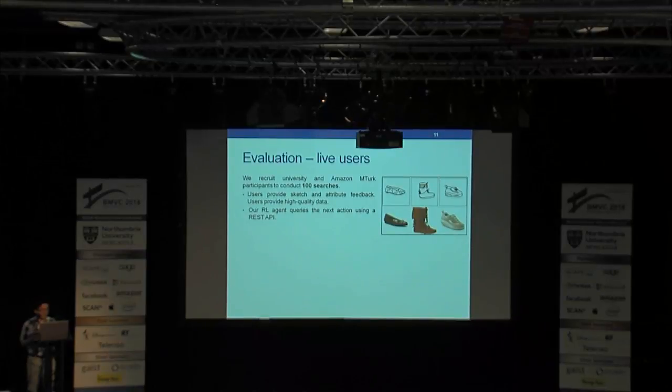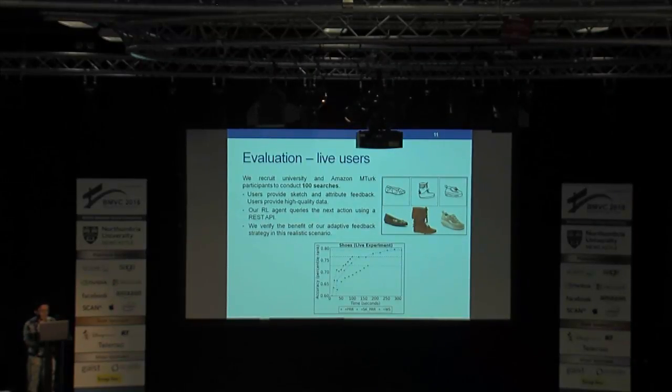Then to incorporate our reinforcement learning agent, we develop a web interface, and it queries the next action using a REST API. We verify the benefit of our adaptive feedback strategy in this realistic scenario. First, we update the x-axis with the time taken per iteration. So for now, we can observe that the best method is WhittleSearch, but it requires much more time than the other methods.